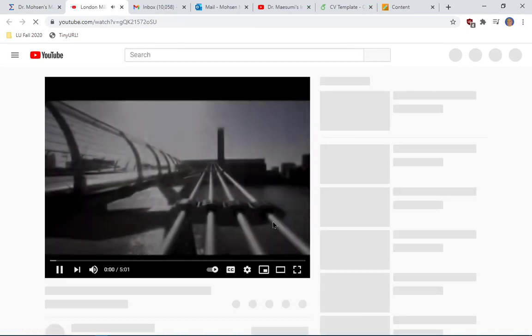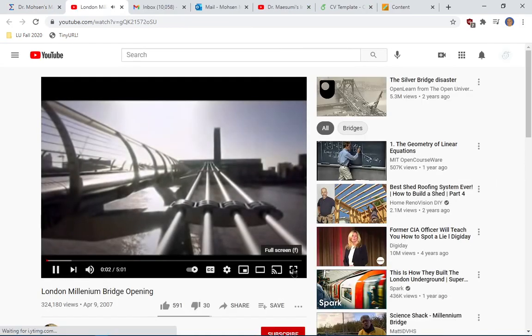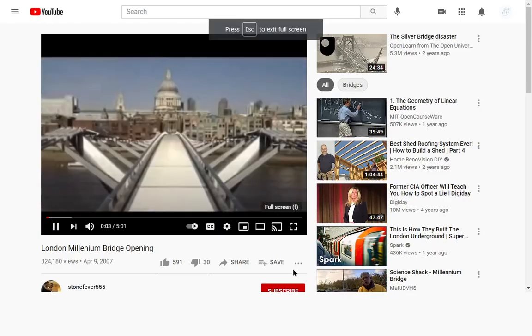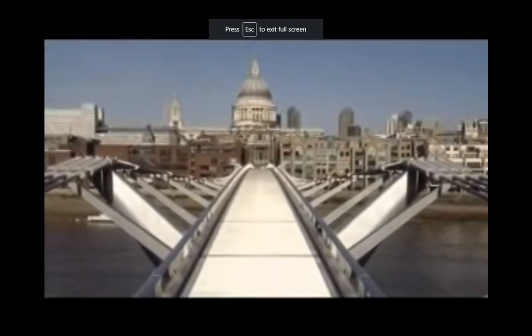This is the bridge opened on the 10th of June 2000, attracting thousands of people and the media. But as the people poured over the bridge, it was clear something was wrong. The bridge was wobbling from side to side.